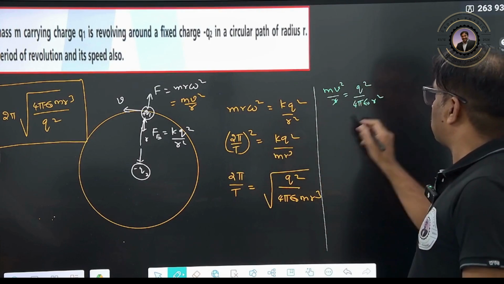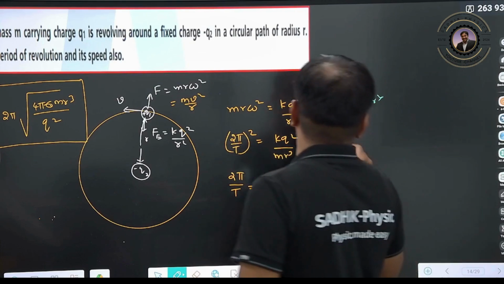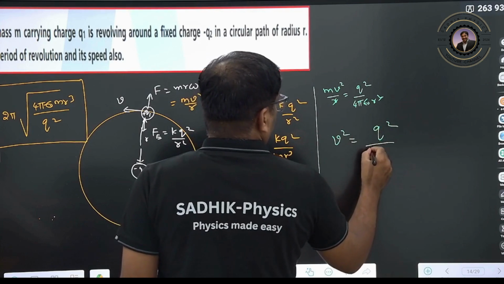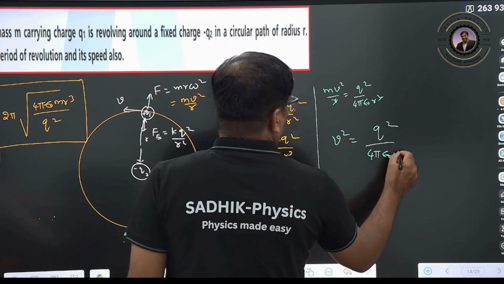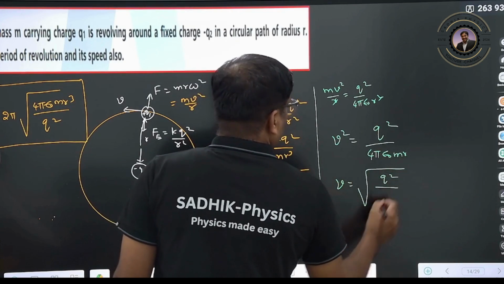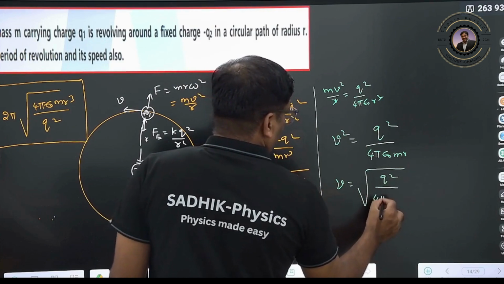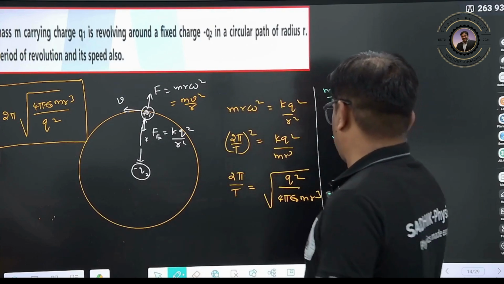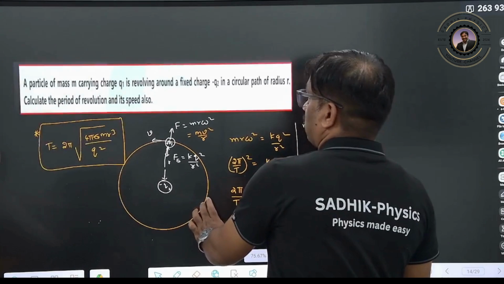Clear? So this gets cancelled out. So v square is equal to q square by 4 pi epsilon naught into m r. So v is equal to the root of q square by 4 pi epsilon naught into m r. This is the speed. Clear?